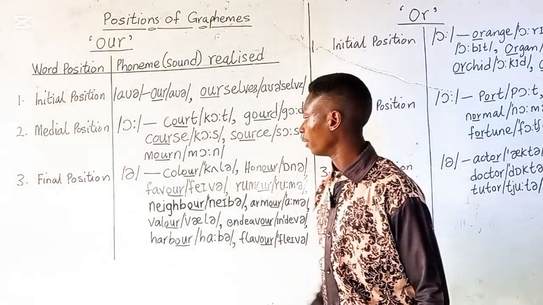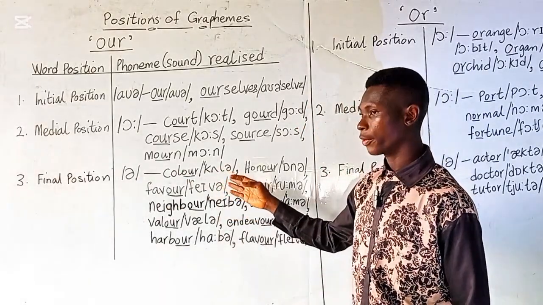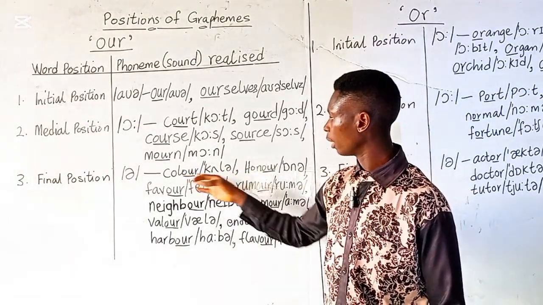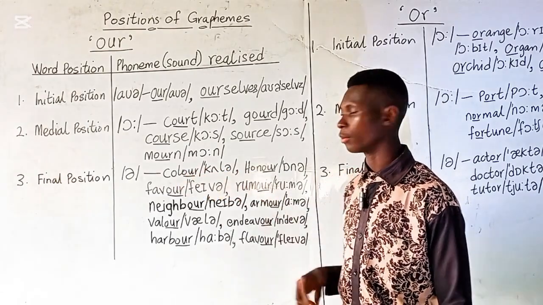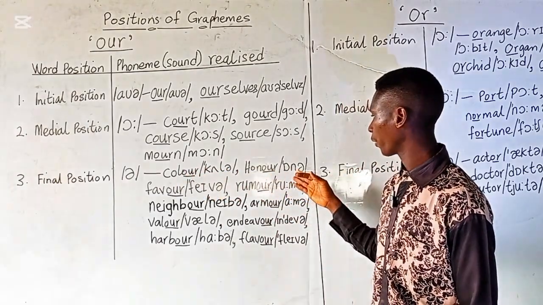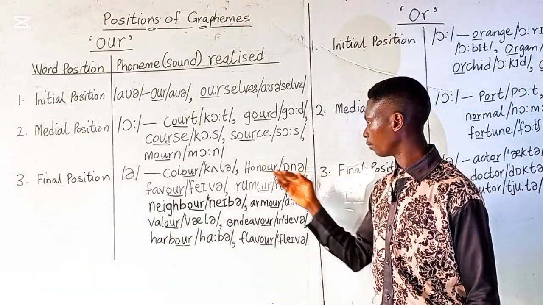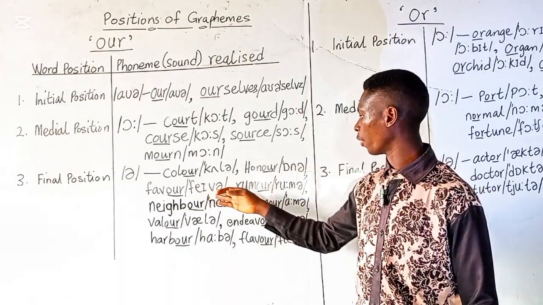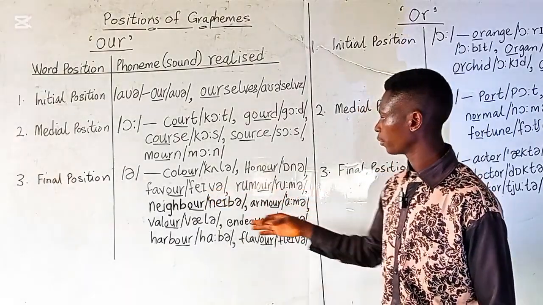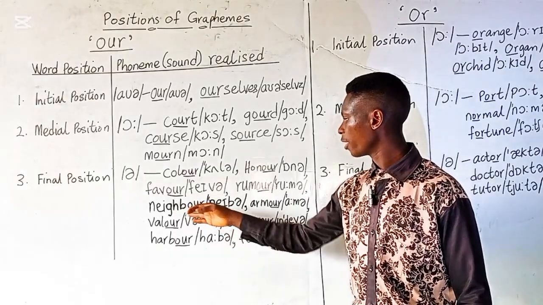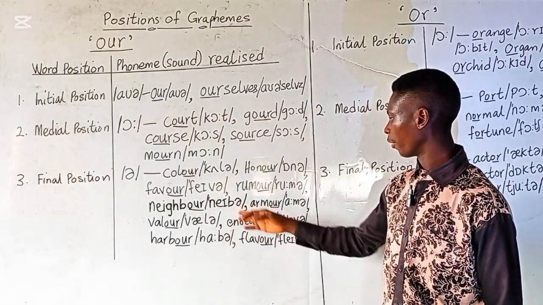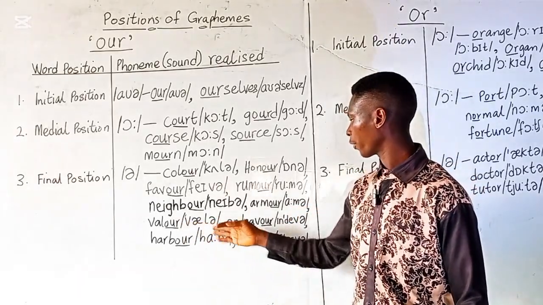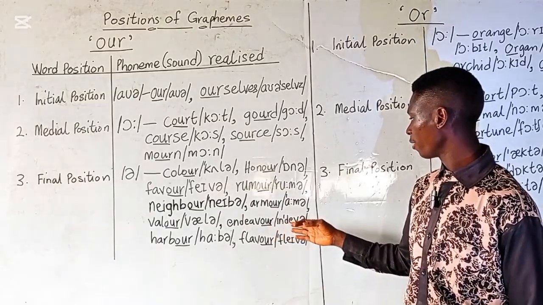We have the sound as in color, color. We have the sound representing in place of OUR. We have here honor, honor. In place of OUR, we have the sound. Then we have favor, rumor, neighbor, neighbor. We have the sound. We have armor, valor, endeavor.